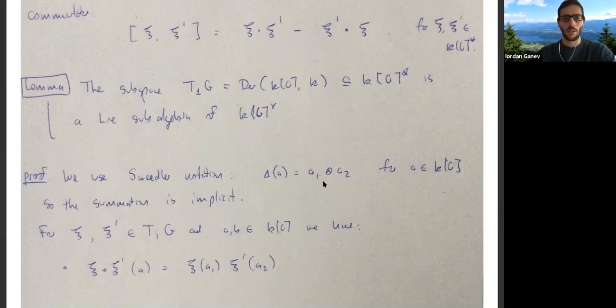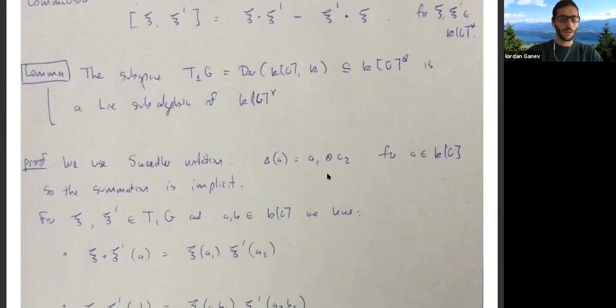Implicitly, when you write this, you should keep in mind that there's a summation going on, but this notation usually suffices for most purposes. If you ever need to, you can go back and write the indices, but it's much clearer just to write it in this way. So that's Sweedler notation.